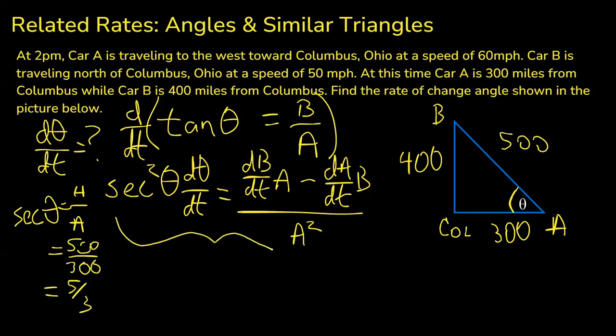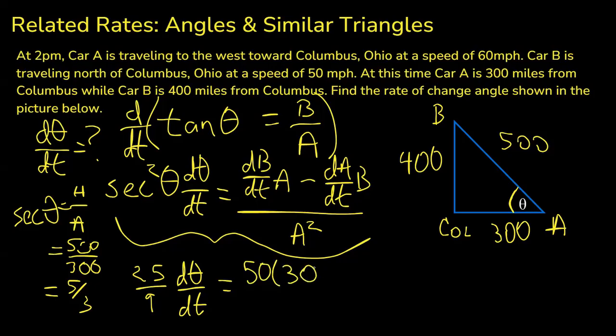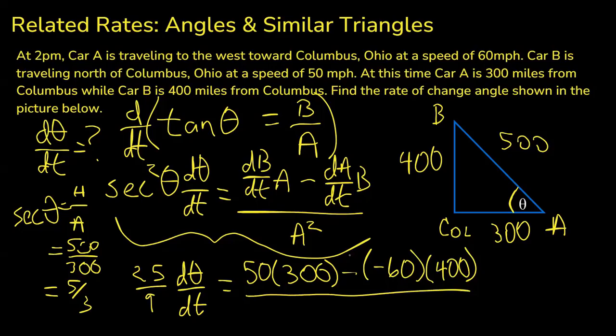So we're going to substitute everything into this expression here. Secant is 5/3, so secant squared would be 25 ninths d theta dt equals dB dt, which is the rate of change of car B, 50, times A, which is 300, minus the rate of change of A. Remember, it was moving closer to Columbus, so its distance is decreasing, so the rate of change would be negative, times B, which is 400, all over A squared, which is 300 squared.